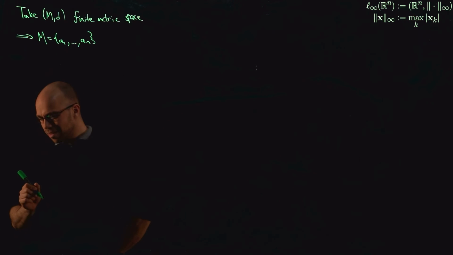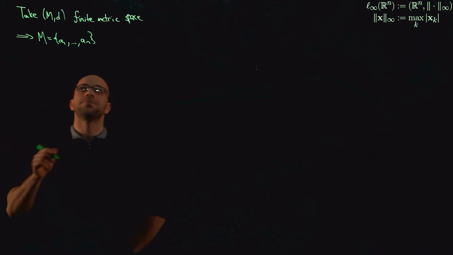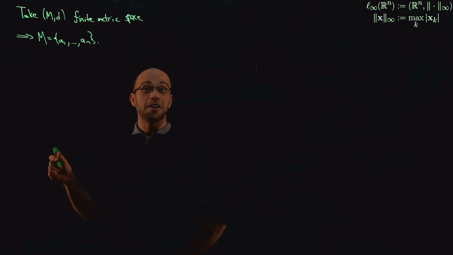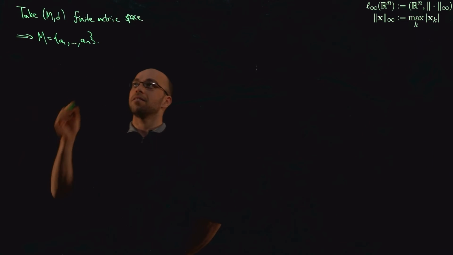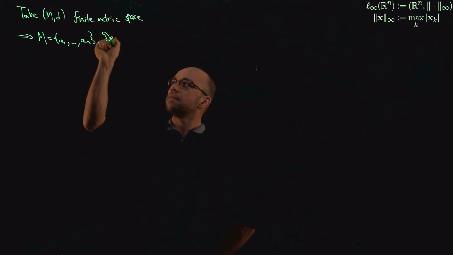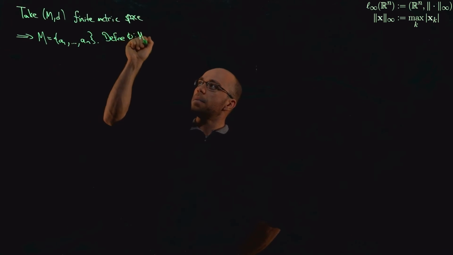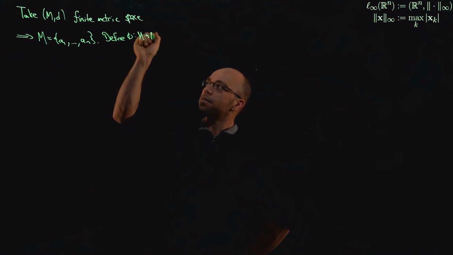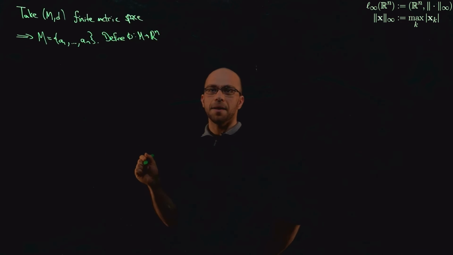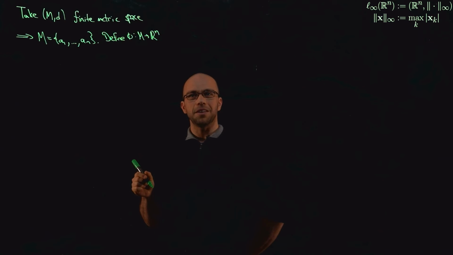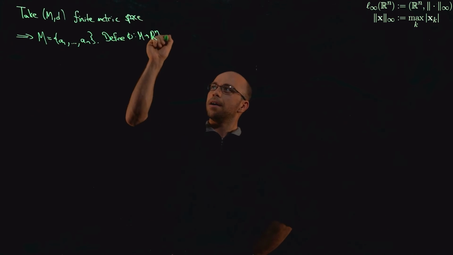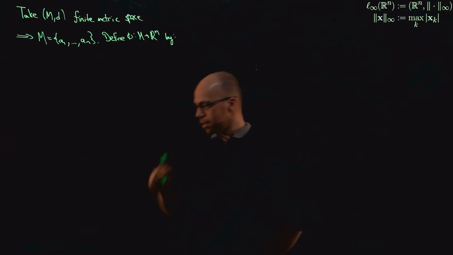Okay, so now what we're going to do is just define our embedding and check that it's correct. So let's define phi, which is going to take in M and map us into Rn, but it's going to be equipped with the L infinity norm, by the following.